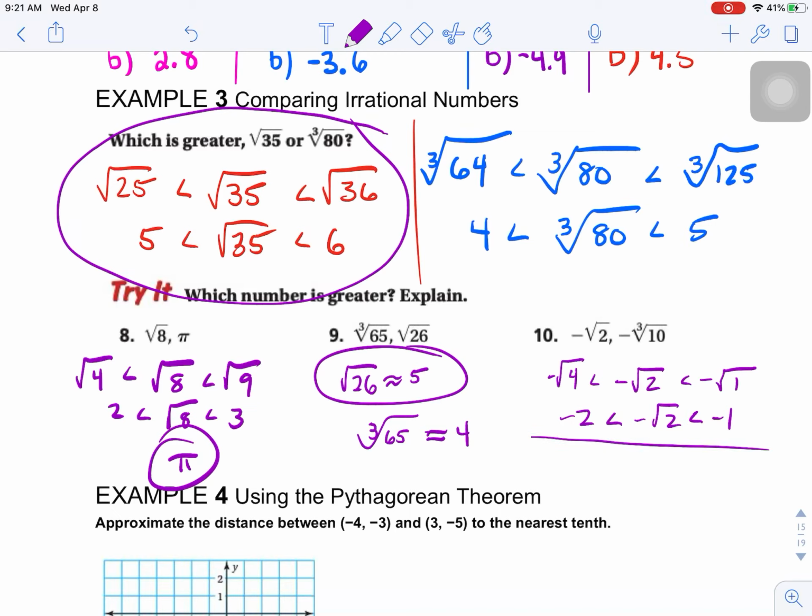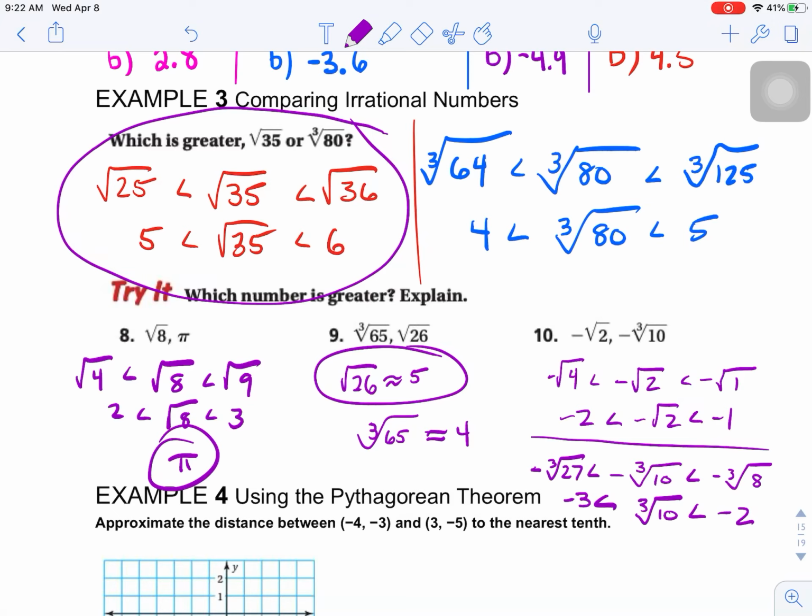And then the cubed root of 10 would be between the cubed root of 8 and 27, which would be between 2 and 3.